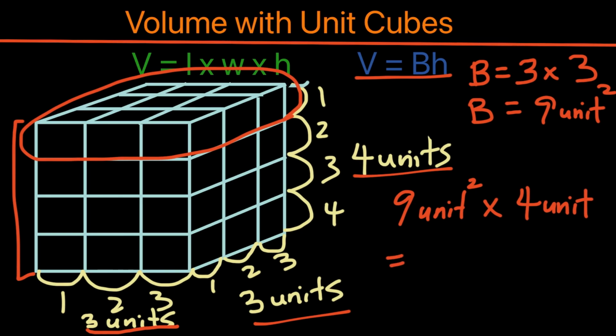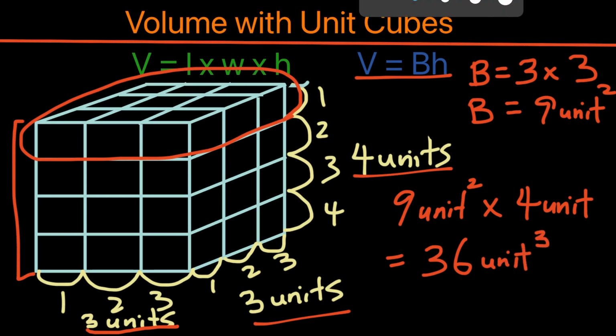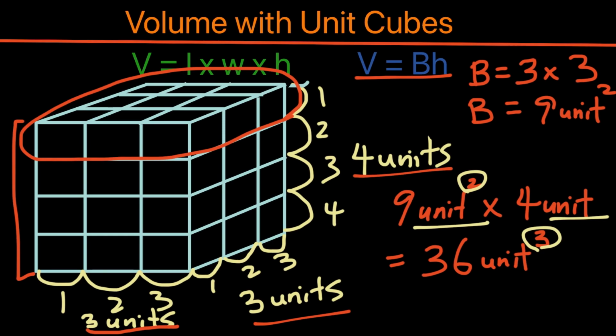And that would give us 36 unit cube. And you can see that there was 2 units here and there was 1 unit here. So when you multiply the units together, we get 3.